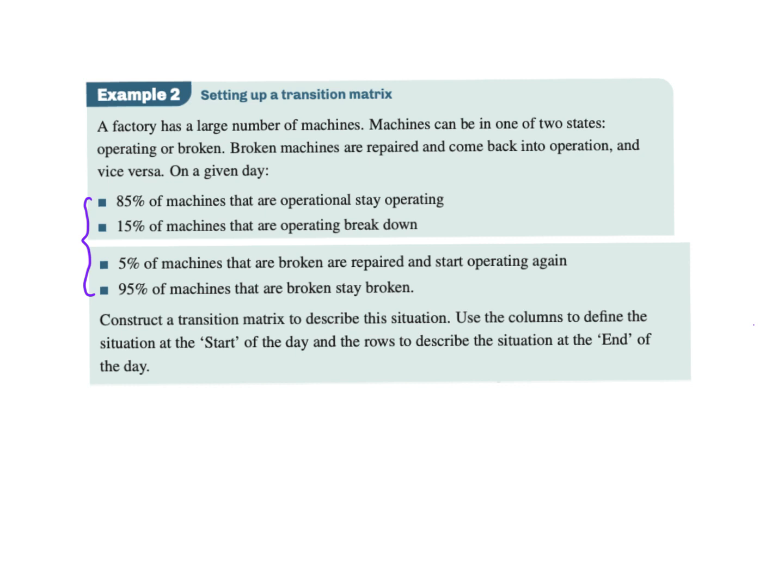Use columns to define the situation at the start of the day and rows to describe the end. All that's saying is, like what we've been doing, we're going to set up a transition matrix with operating and broken. This is the start and this is the end of the day. They're just saying to do it like that.